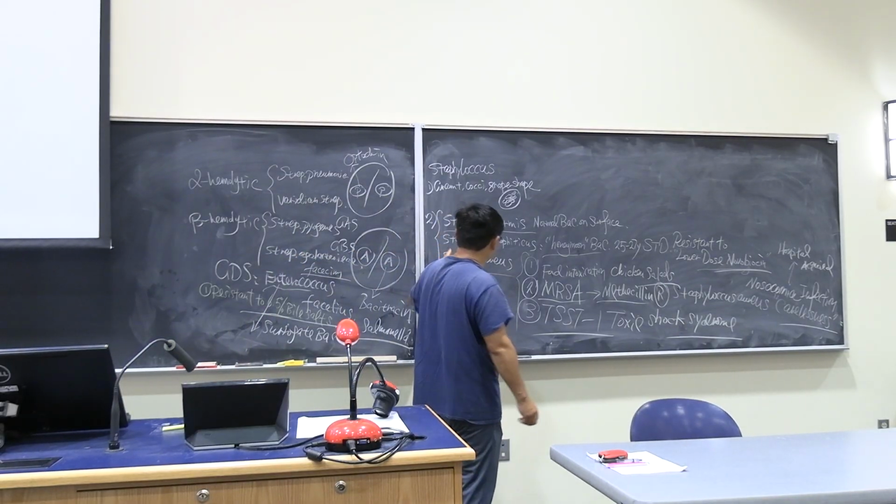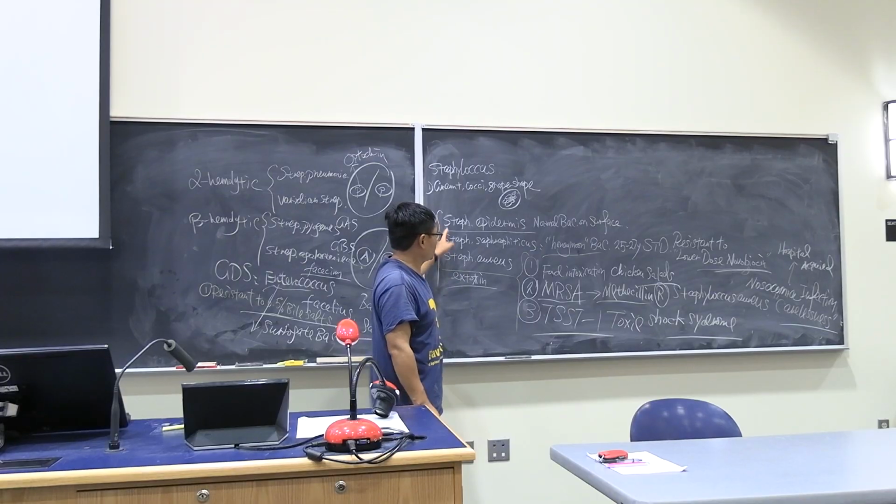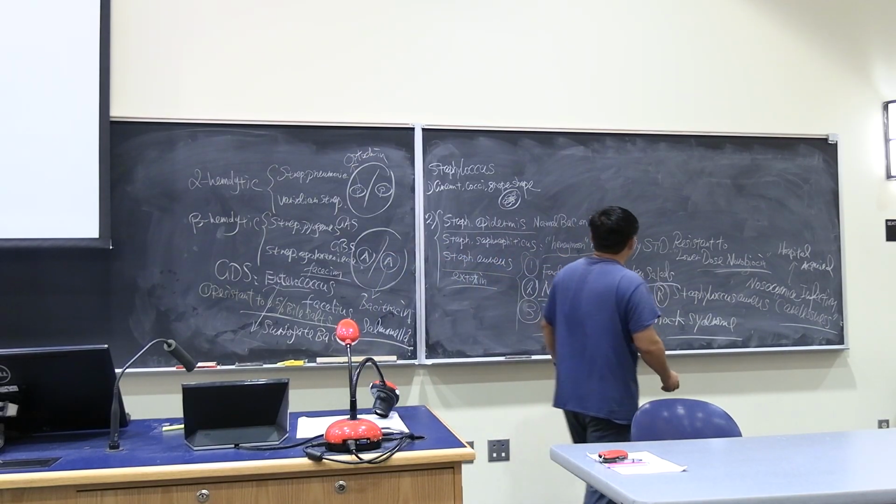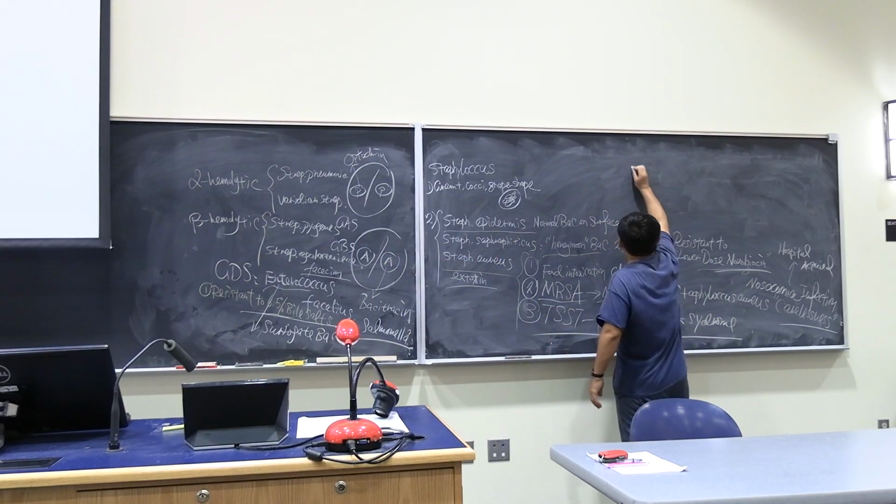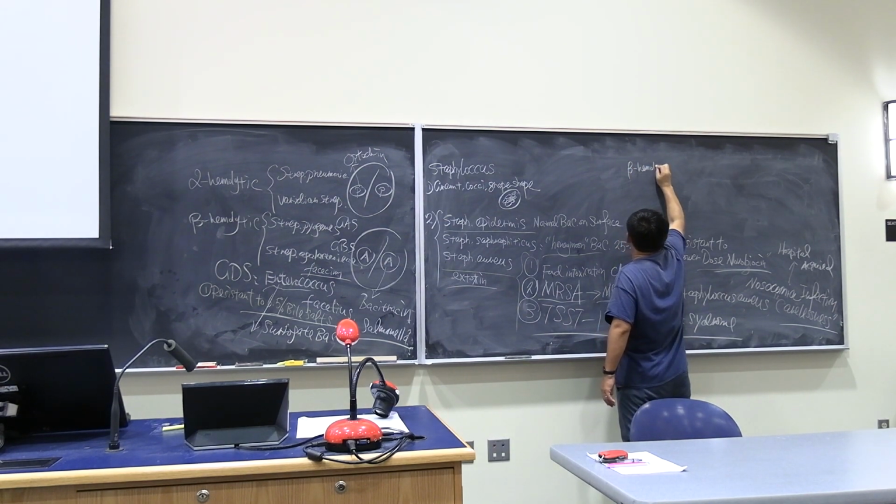For those three species, we can have a very easy determination. We can have a table to talk about that. I'll talk about it briefly. We talk about beta hemolytic.